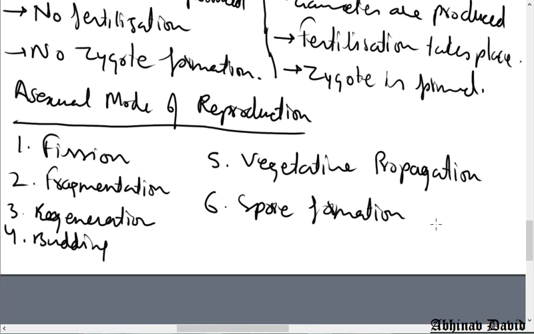These are the six different types of asexual reproduction given in your NCERT textbook.